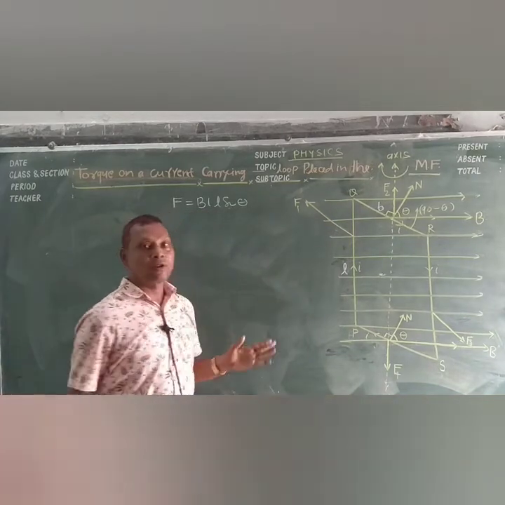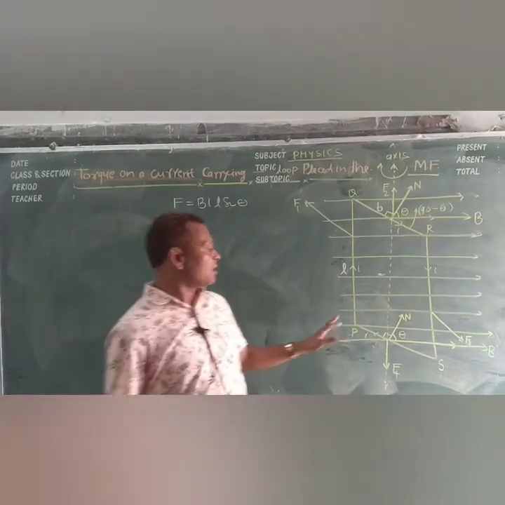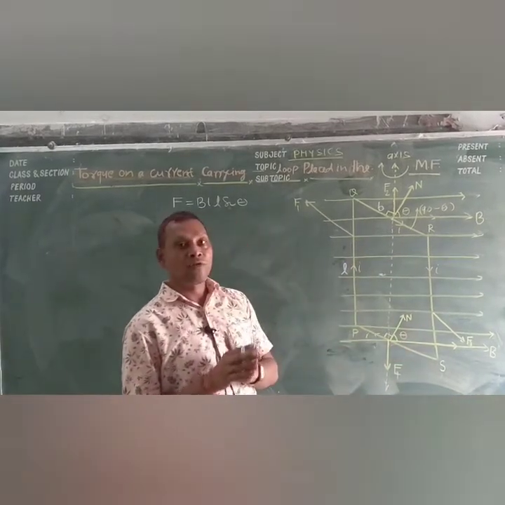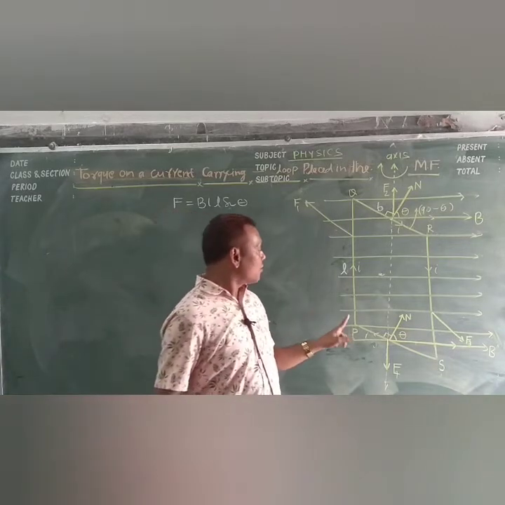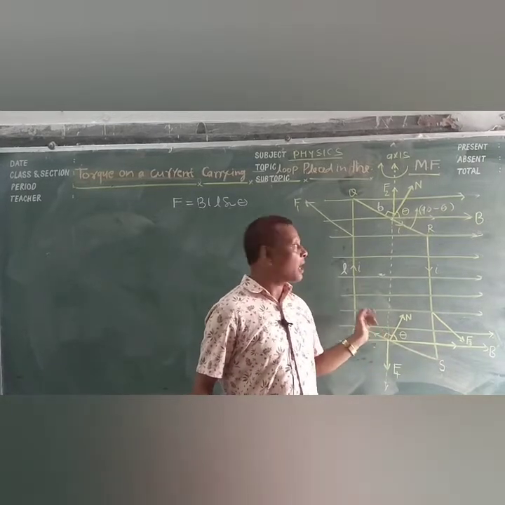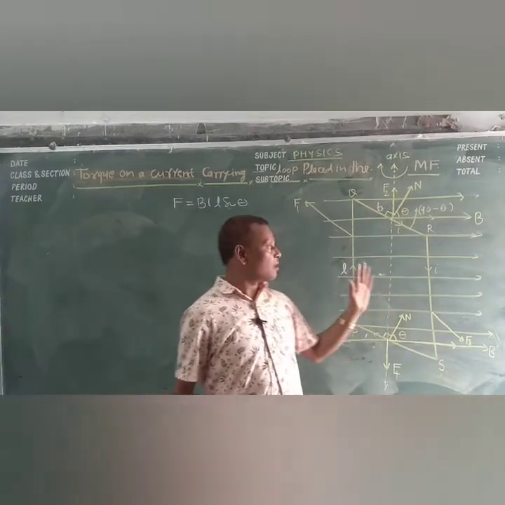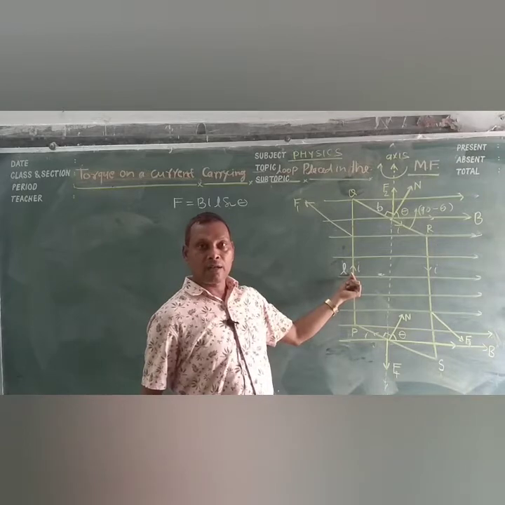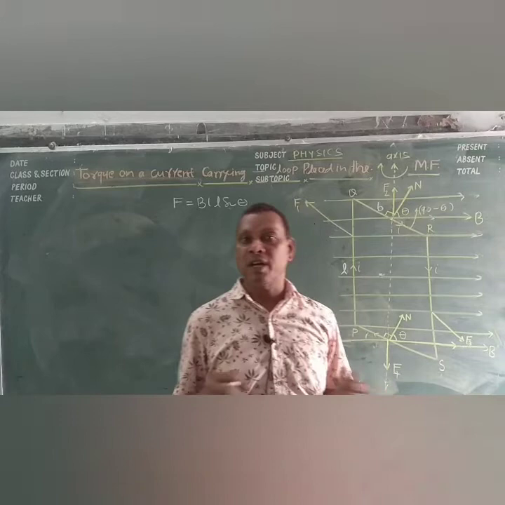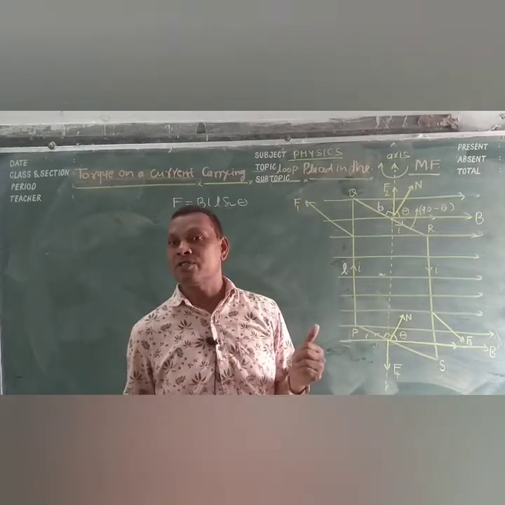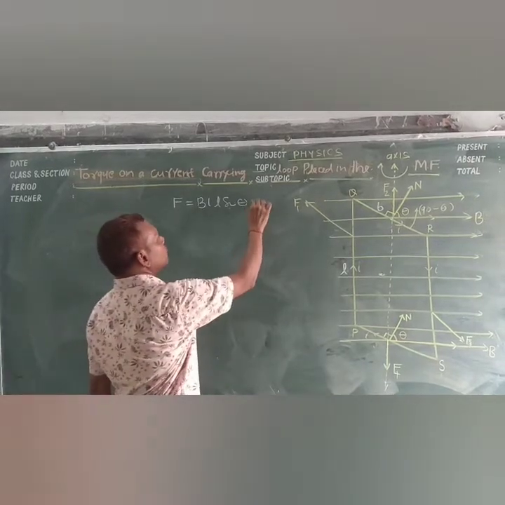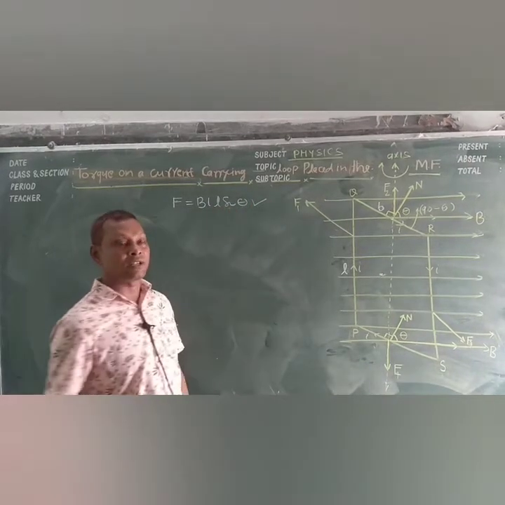So we can assume that the rectangular loop PQRS is made of 4 wires PQ, QR, RS, SP, and these 4 wires carry current I. And we know when a current carrying wire is placed in the magnetic field, it experiences a force whose magnitude is given by F equal to BIL sin theta.